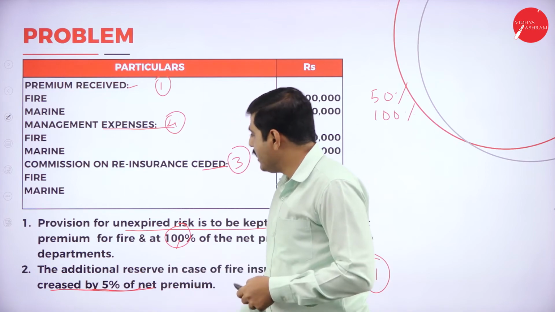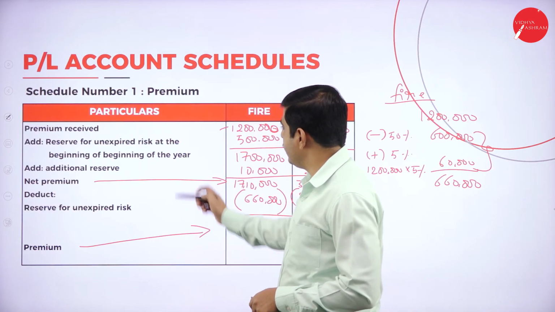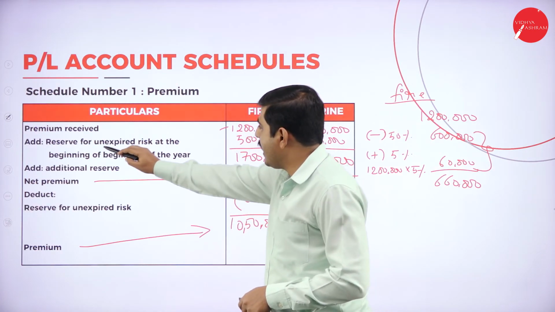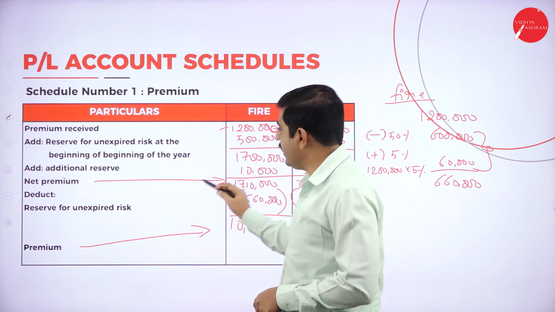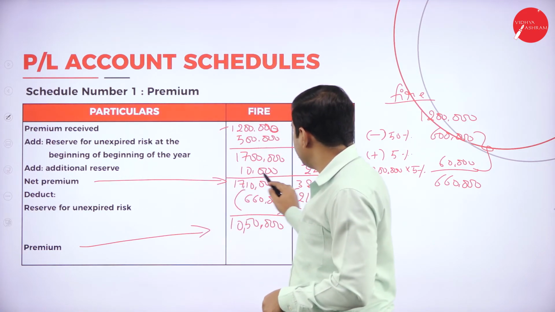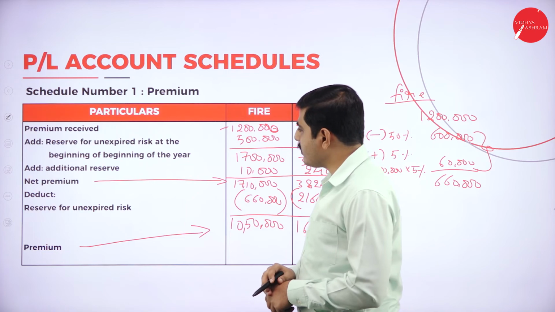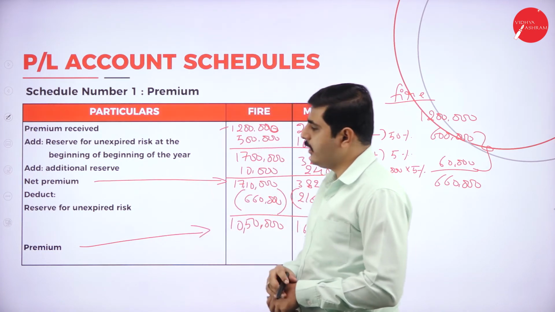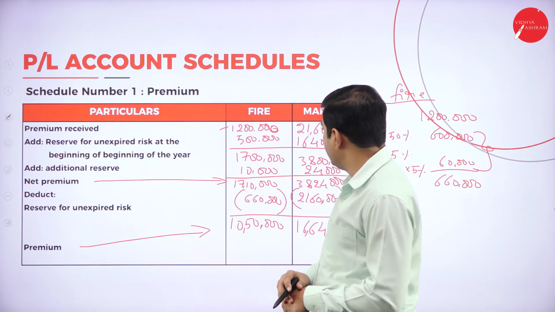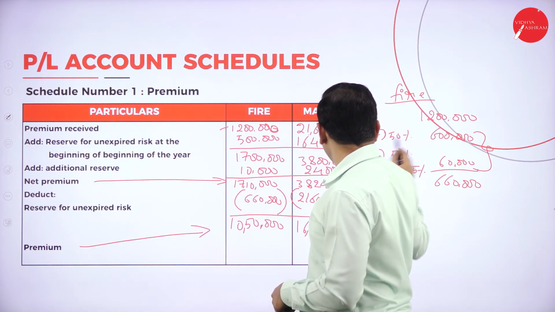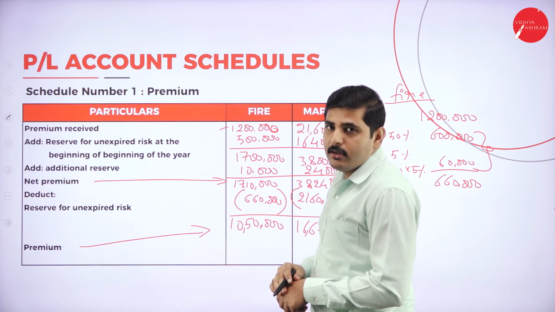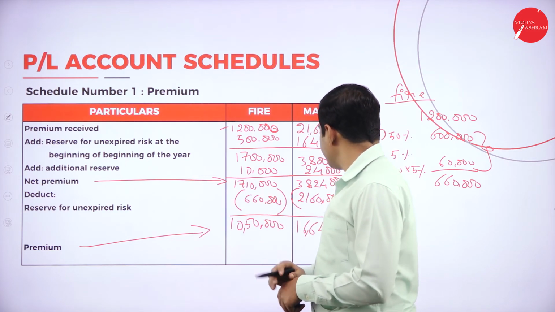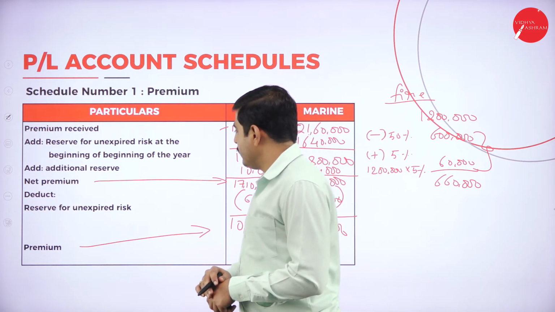So premium received, next add reserve for unexpired risk at the beginning of the year, again add the additional reserve. So you will get the net premium, again deduct the reserve for unexpired risk.